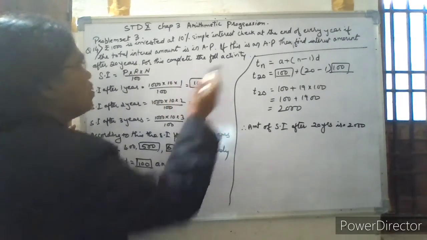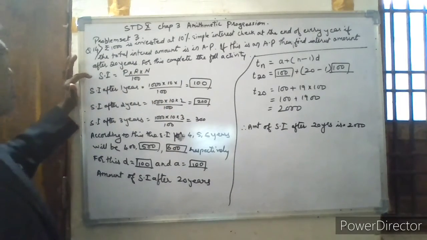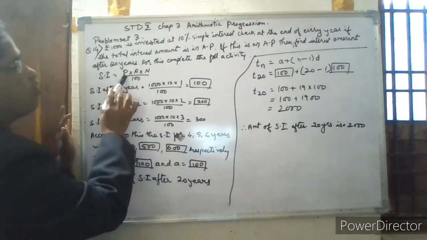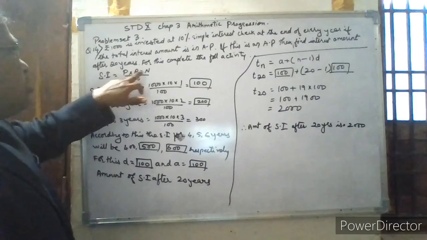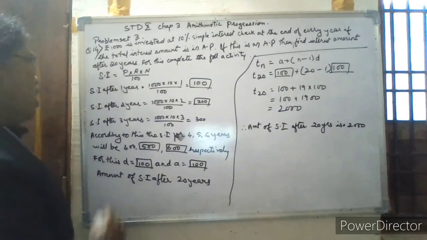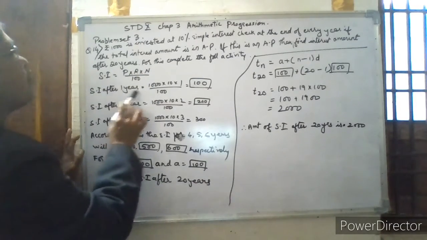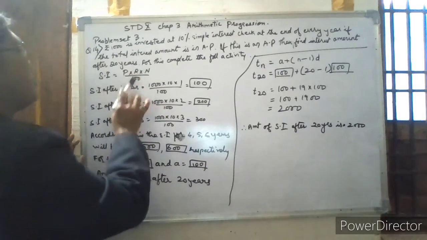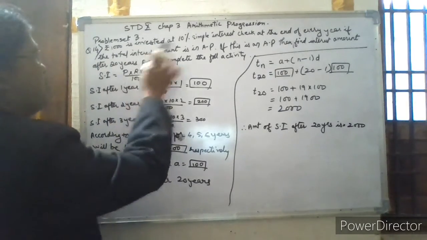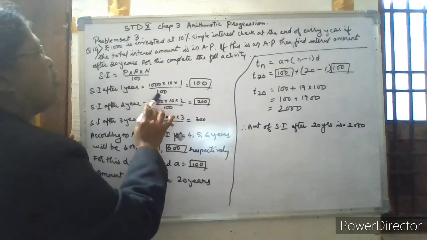Now, the simple interest formula we know is P into R into N by 100, that is principal into rate into time by 100. So simple interest after 1 year, according to the formula, P is principal 1000, R is 10% and N is 1 year, by 100. If we calculate, we get 100.